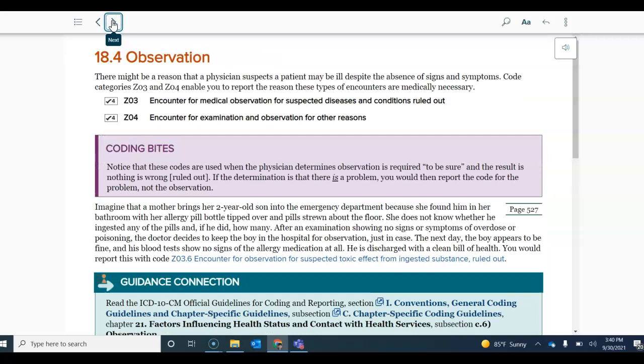One big word that you need to know when you look at Z codes is status. So I want you to turn in your I-10 book to the alphabetical listing and go to where it says status.